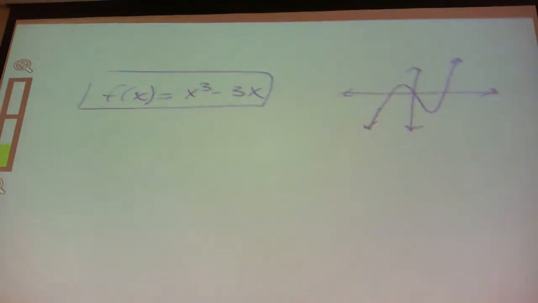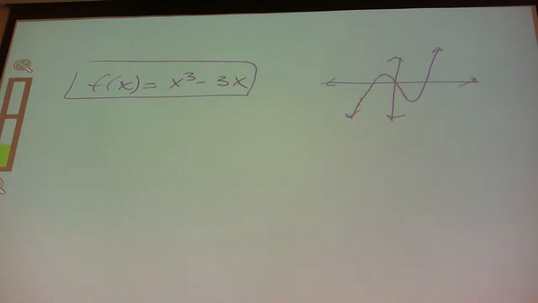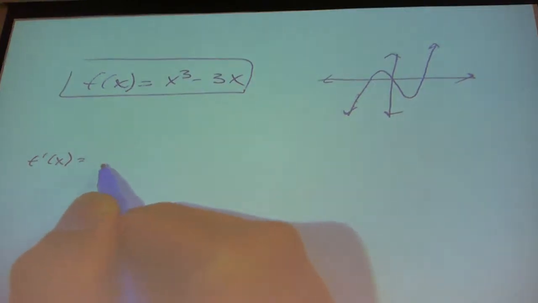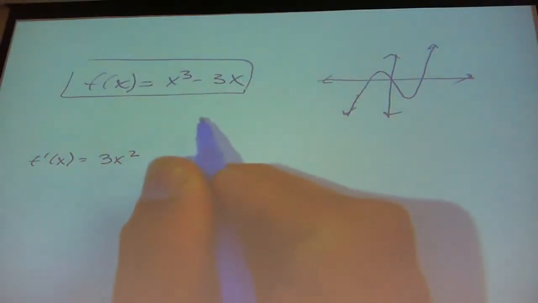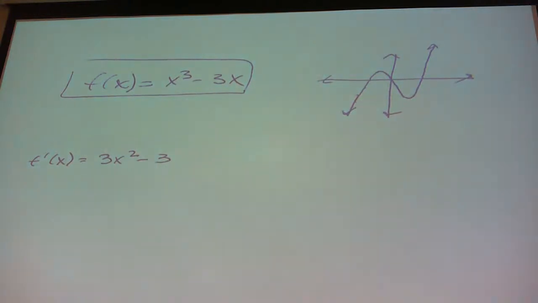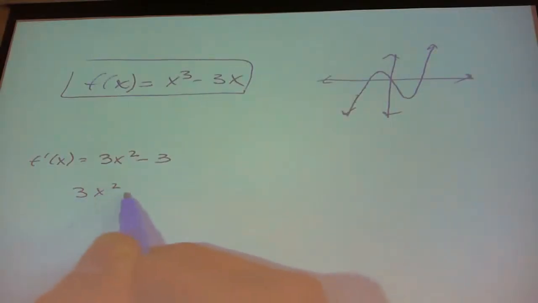How can I learn more about the original? Well, if we take the derivative of that function, what's the derivative of x cubed? 3x squared. And what's the derivative of negative 3x? Negative 3. We take that derivative, set it equal to 0.